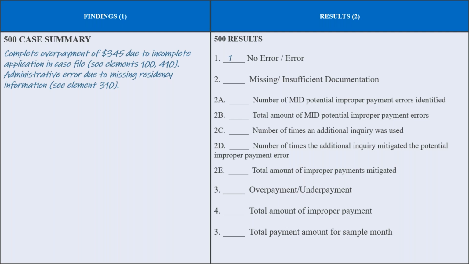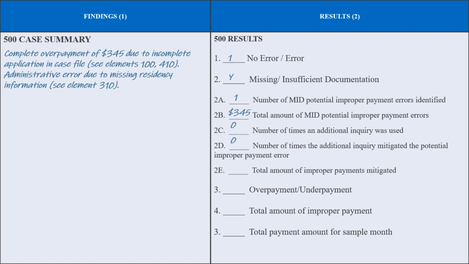So moving on to column 2, yes, there was an error. Yes, it was caused by missing or insufficient documentation. That payment error that we're looking at here was due to missing documentation. There was one potential improper payment error with $345, but no additional inquiry was used here.